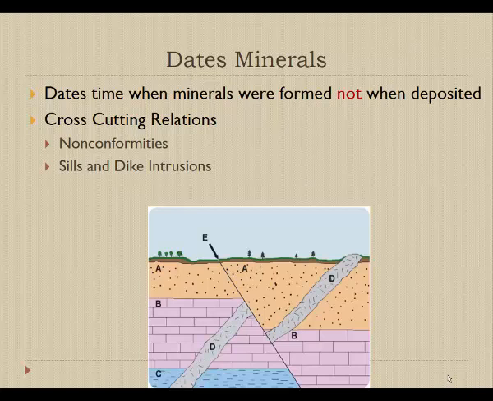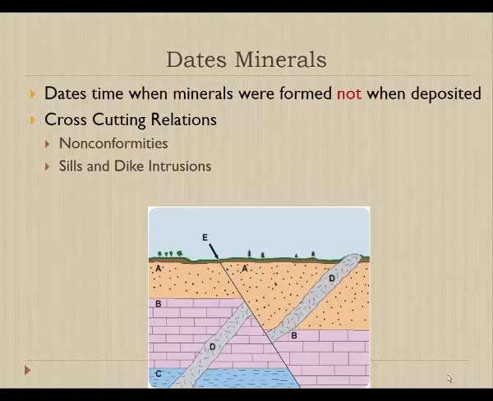So if we're trying to learn the dates of layers that are not formed in an igneous manner, what we should do is look for other kinds of potentially igneous layers that might be contained within or around the other sedimentary layers to help us give context to when those sedimentary layers could have formed.